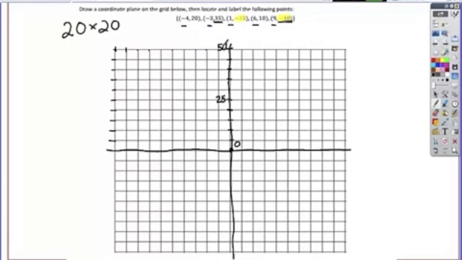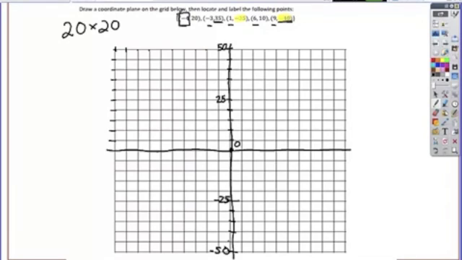I'm going to do the same thing, but now in my negative directions. Negative 5, 10, 15, 20, 25, negative 30, negative 35, negative 40, negative 45, and a negative 50. My x values, though, they're going to be the same because my x values are so small.